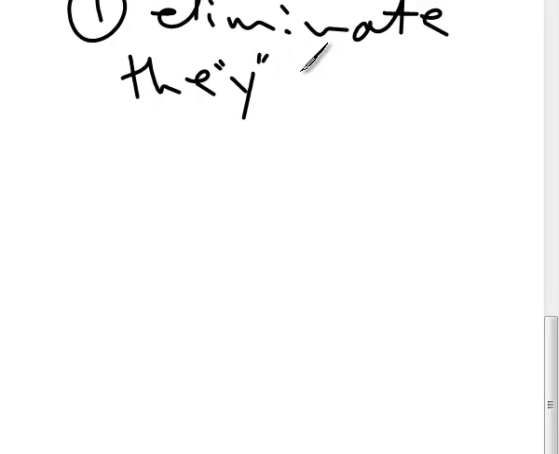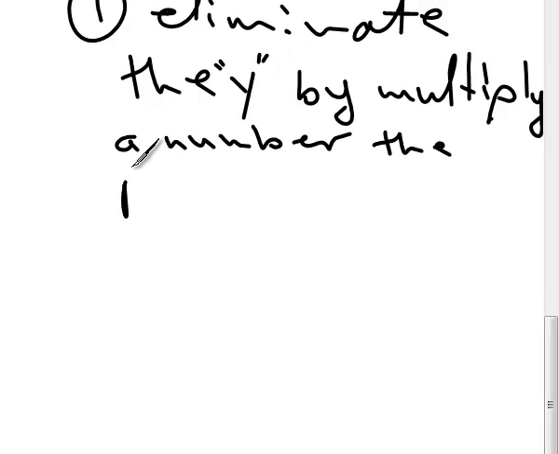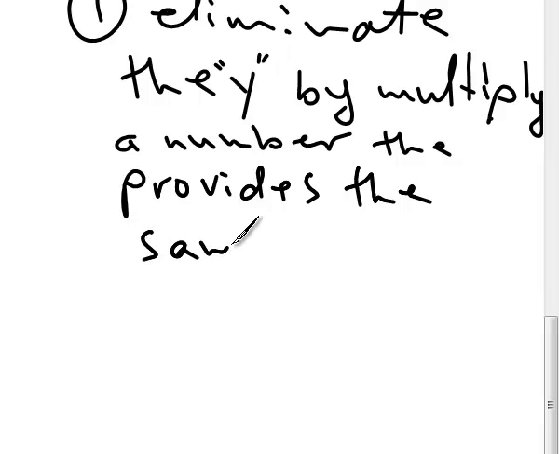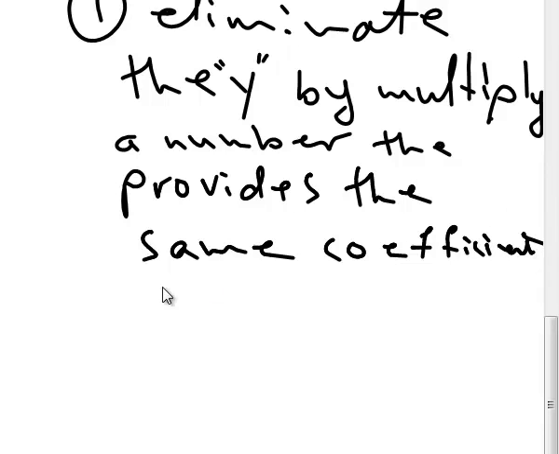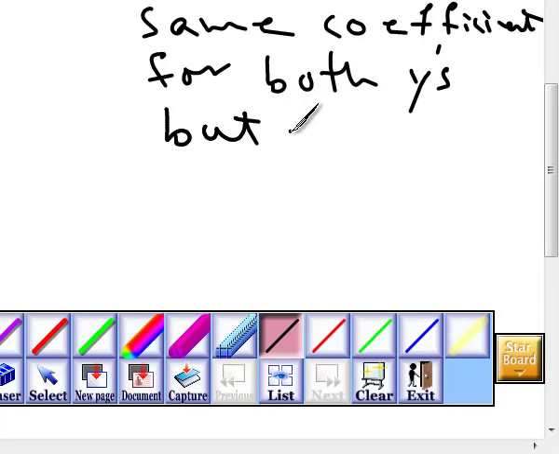It could be the x's, by multiplying a number that provides the same coefficient for both y's, but opposite signs.